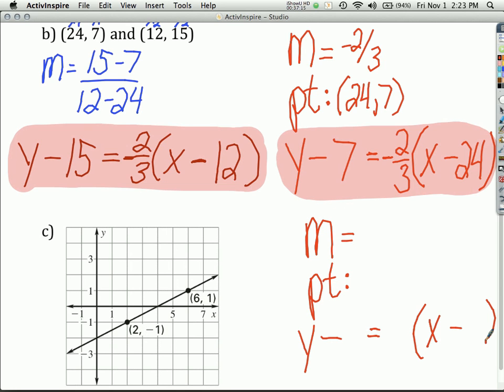But how can I get this information from this situation? Good, we got 1, 2, 3, 4, 5, 6, 7, 8, 9, 10, 11, 10. Very good. And I love how she said it so nonchalantly, like everybody knows it's just rise over run. So yeah, I don't have to calculate it.